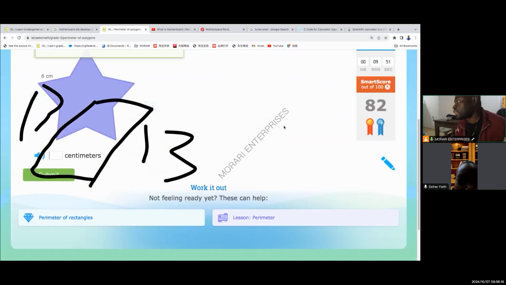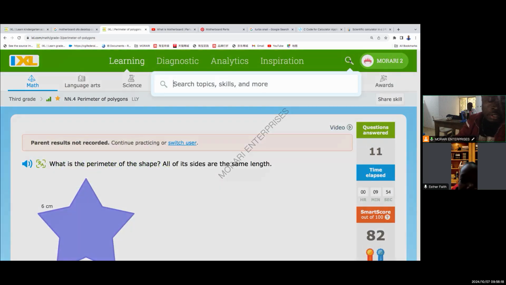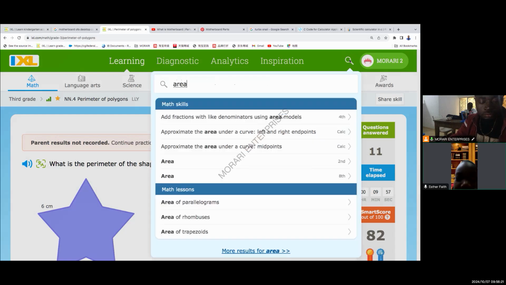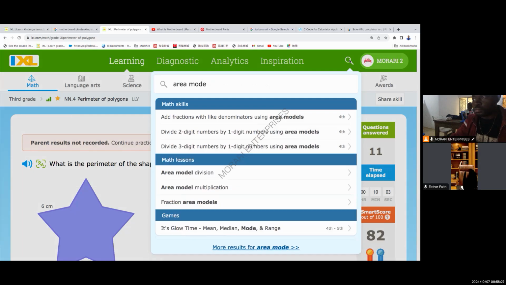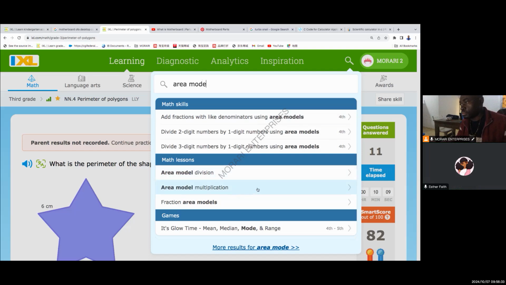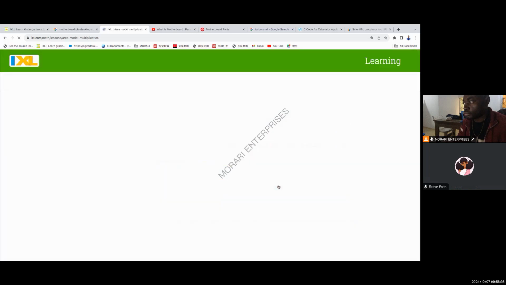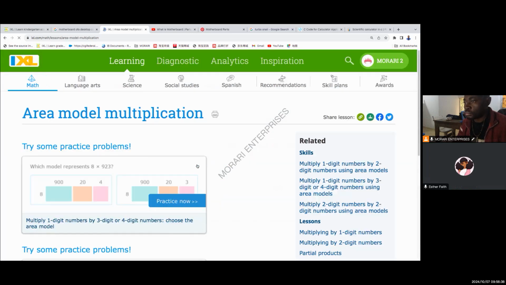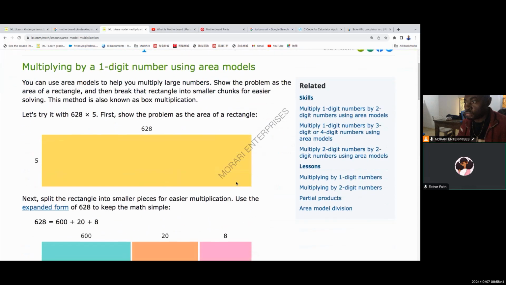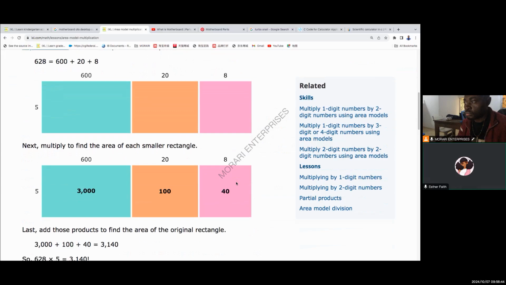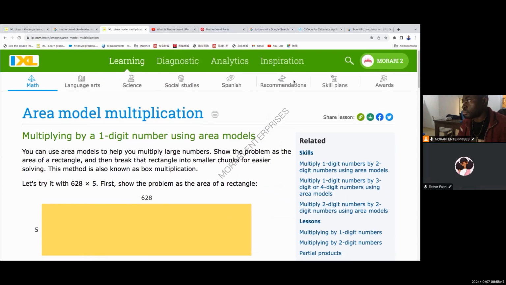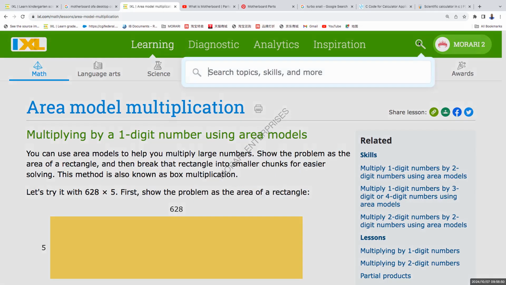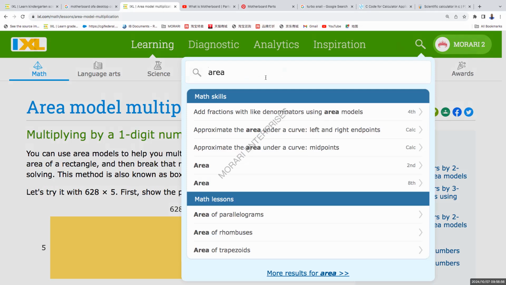So that is enough practice for perimeter. Now, area.